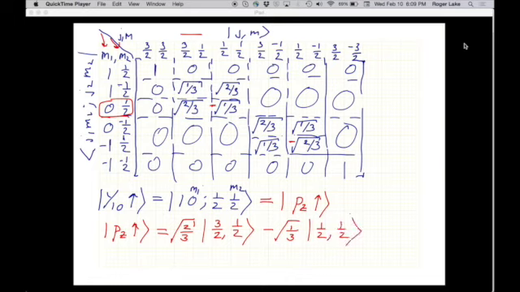And that's the way you do it. So this is the total angular momentum state, J comma M. We've written our mixed basis: on the left we have our mixed direct product basis, and on the right we have our pure angular momentum basis, which is what we need. So that's how you use this table to go back and forth.